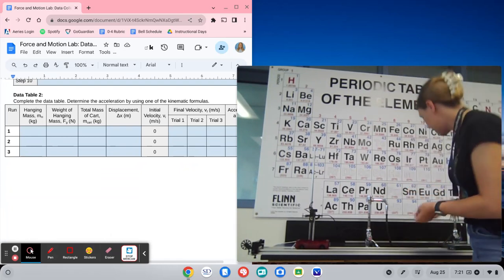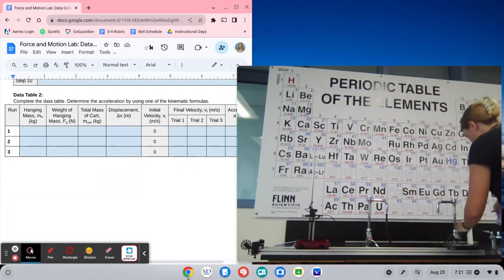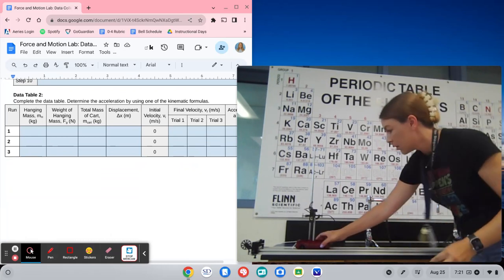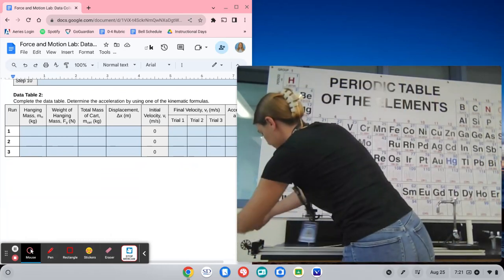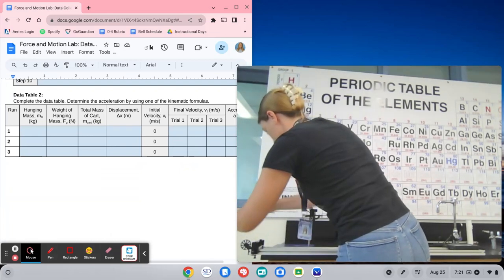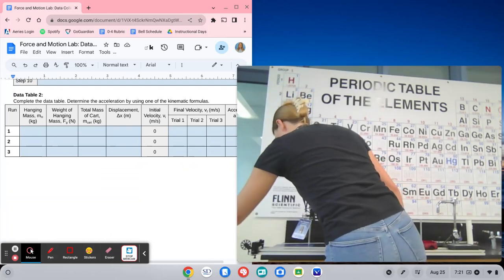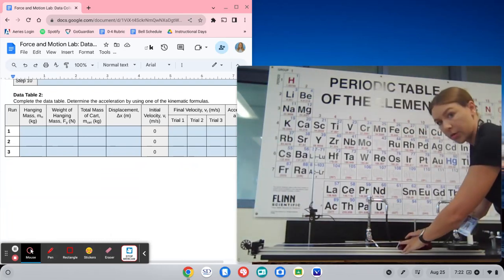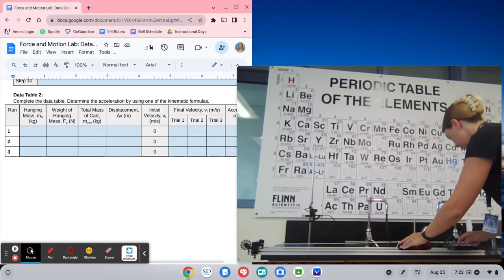So we're going to start off with run 1. We're going to start with the 10 gram mass. So we're going to get the velocity 3 times. So this is going to be for run 1, trial 1.